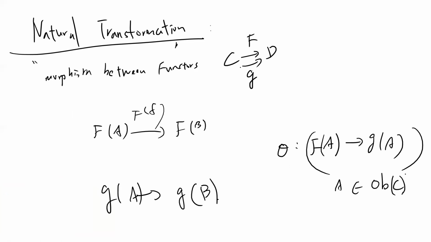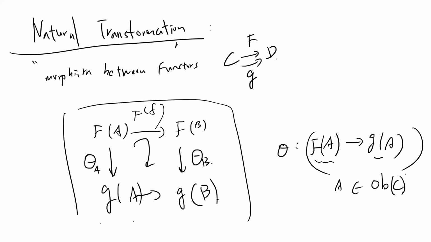For each two objects, if you map into D, then for each one I need to give you the corresponding map. These are basically theta A and theta B. And then make this diagram commute. If such theta exists, then we say that this is a natural transformation between two functors.